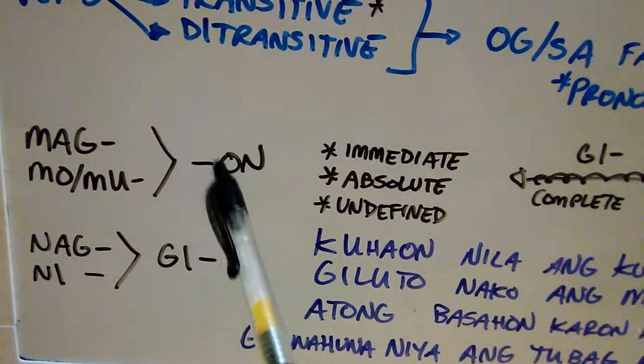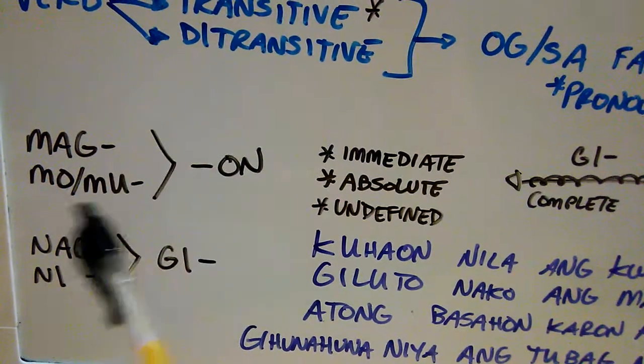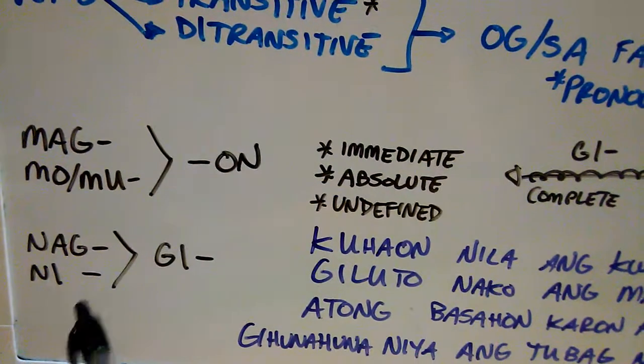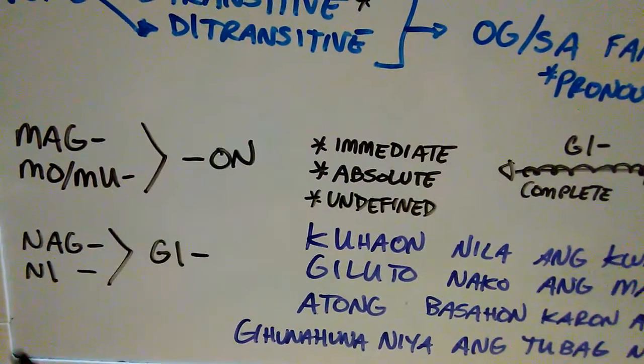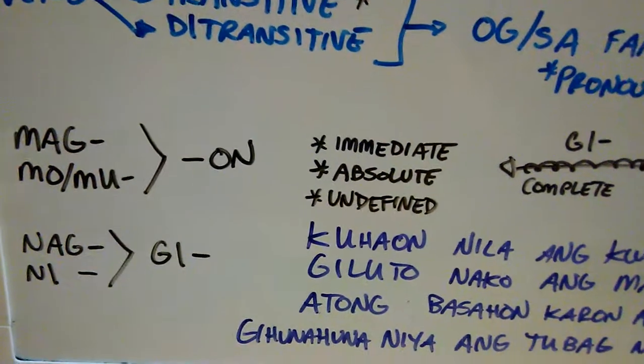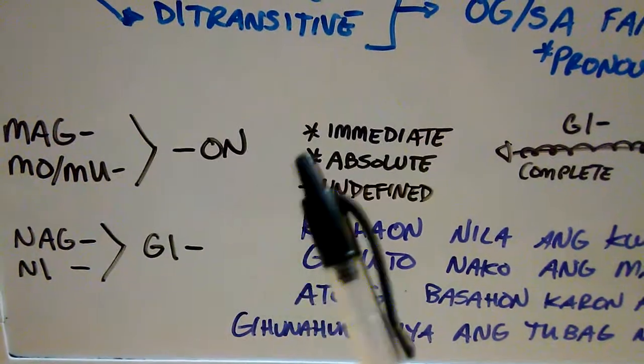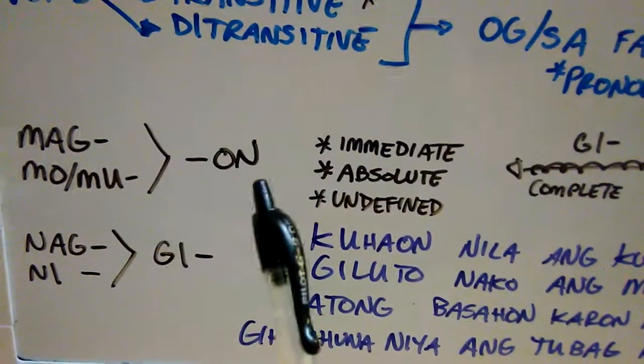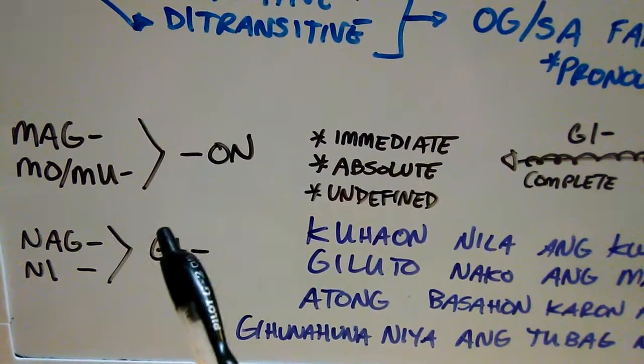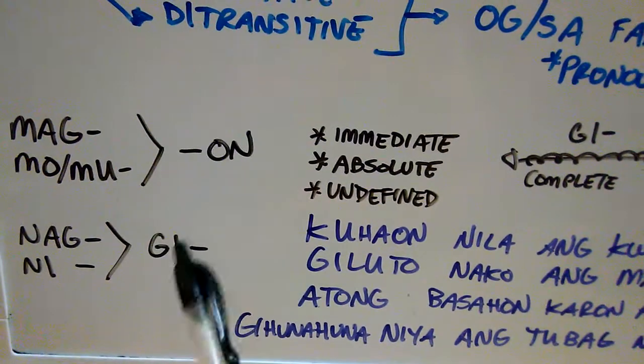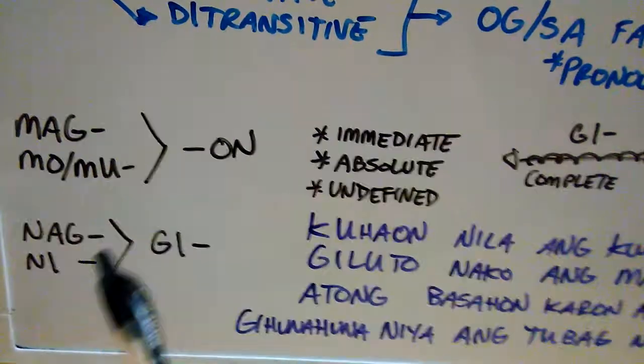If we use on, it's going to either mean nag, mo, or mu, and if we use gi, it's either going to mean nag, mi, or ni, okay? So it makes it a little easier this time because it's just two affixes that carry the same meanings as their counterparts in the other focus, right?